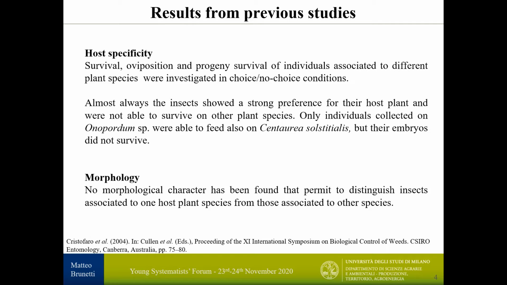Given the strict association with the host plant, the internal and external morphology of the insect have been studied, looking for characters that allow to distinguish insects associated to different host plants. But the morphological variability of those insects associated with different host plants completely overlaps, and no character was unique to a single group.